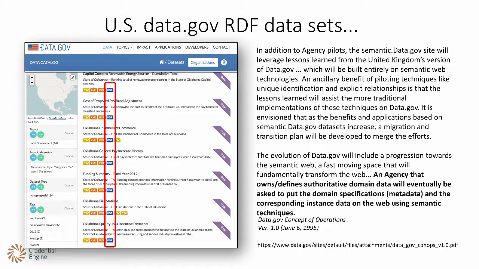And you'll notice then the red is a set. What we see here in the graphic is a set of data sets that in fact have been encoded in RDF. In other words, they are linked data ready for the web.